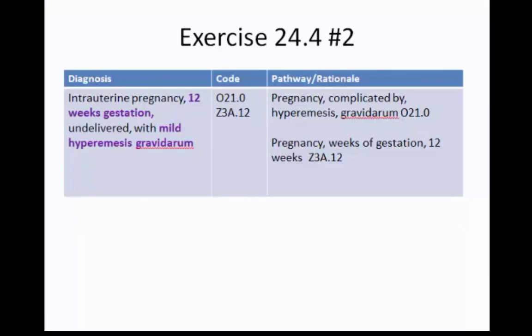It's a pretty serious thing. I believe it's caused by rapidly rising HCG hormones in a woman's body, and it can make her have severe nausea, vomiting, really get her electrolytes off, and lose a significant amount of weight. In this case, I have the rationale and the pathway there, and the weeks of gestation captured, so you can see that's pretty straightforward as an example.